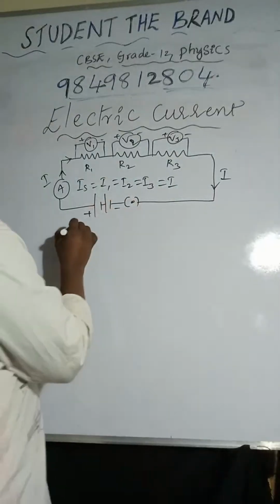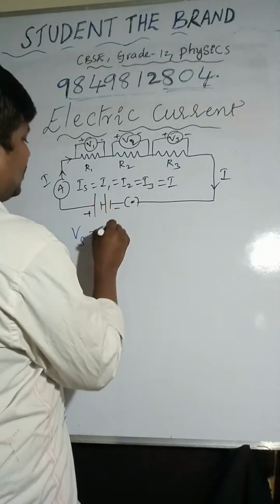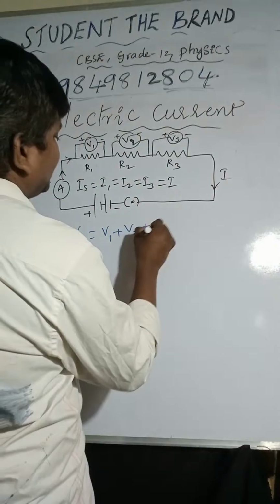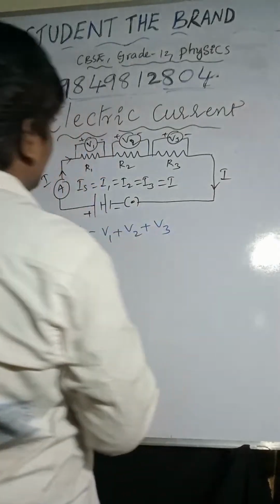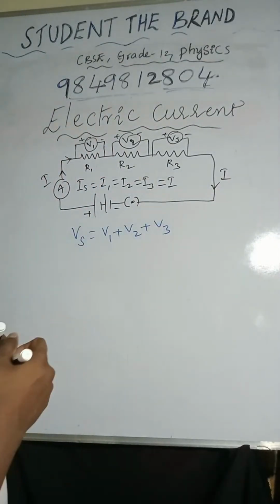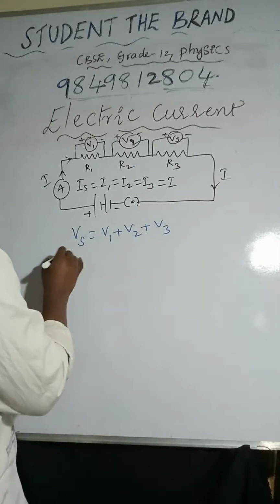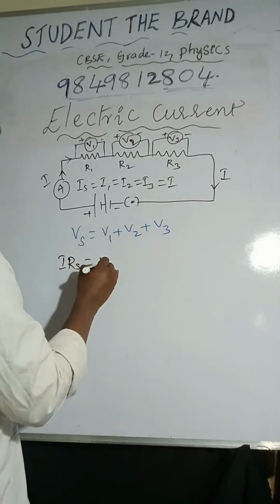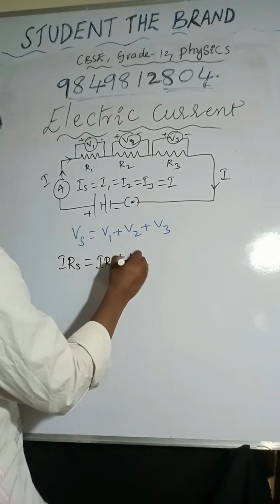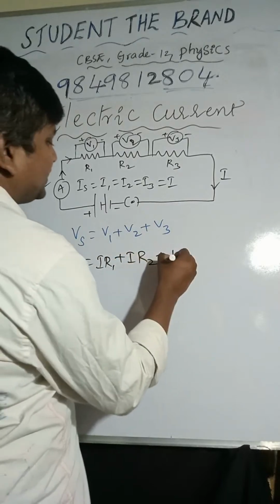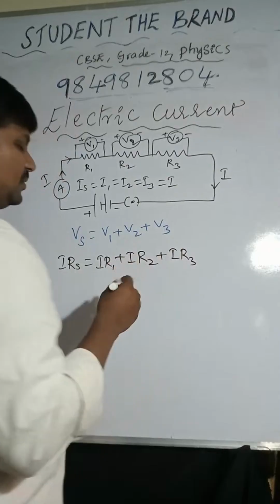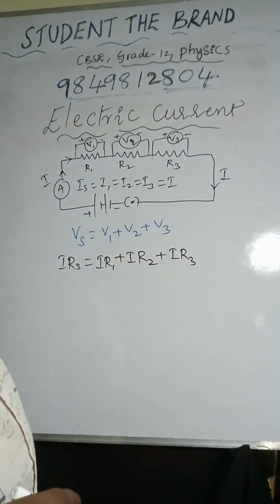Now, Vs equal to V1 plus V2 plus V3. That is nothing but IRs equal to IR1 plus IR2 plus IR3. So shall I take I common?